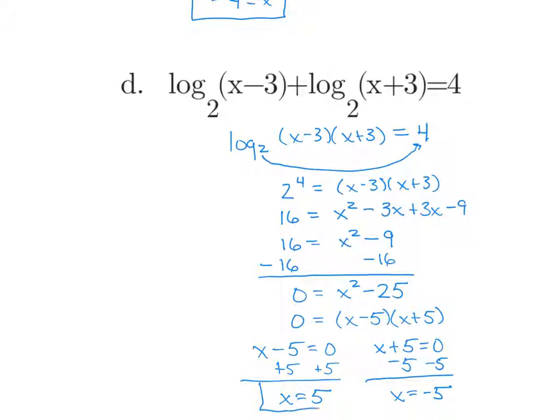So x equals 5 is a solution. If we try the -5, -5 minus 3 is -8. And recall that we cannot have negative numbers inside logarithms. And therefore, we can go ahead and discard this.